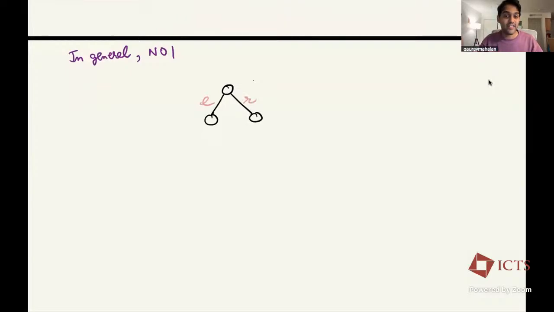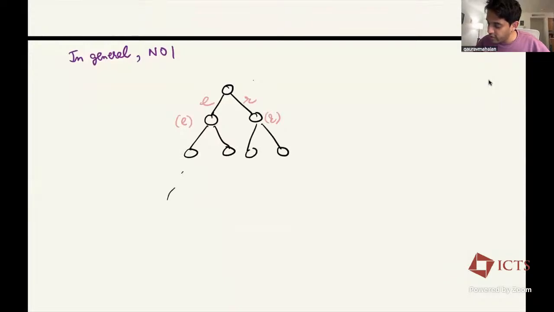And so you get another state, and you can index states by the path. So this is the L state, and this is the R state. Then you have two more, left, right, and so on. This state is LL, this is LR, this is RL, this is RR.